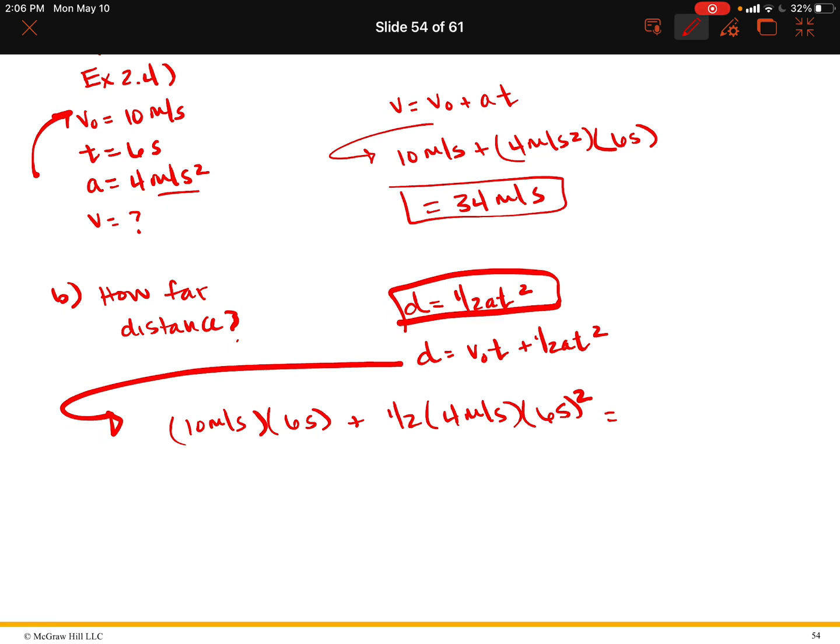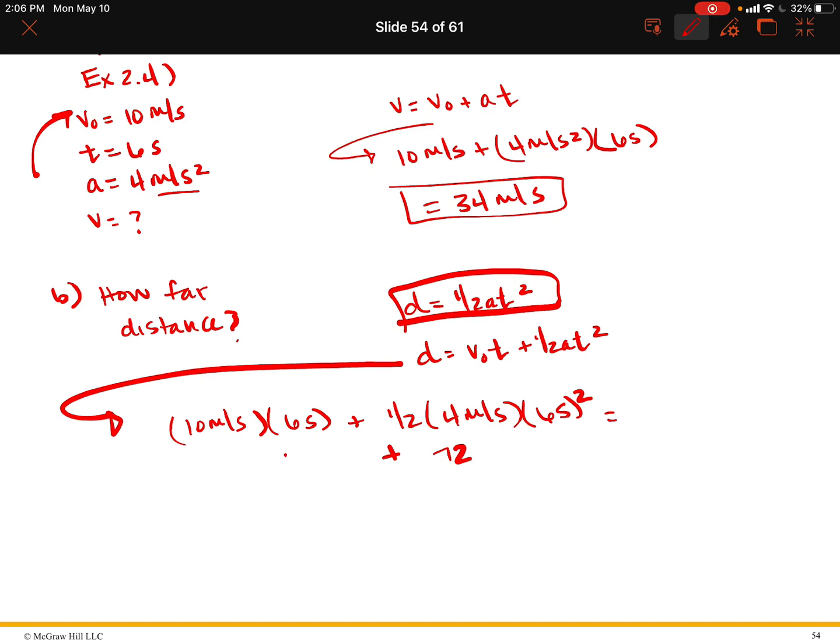Once you get all of that put in, make sure you know how to plug it into your calculator correctly. If it were me, I would do the 6 squared first and work backwards. So do 6 squared times 4 times 1/2, which is 72, and maybe write that down.